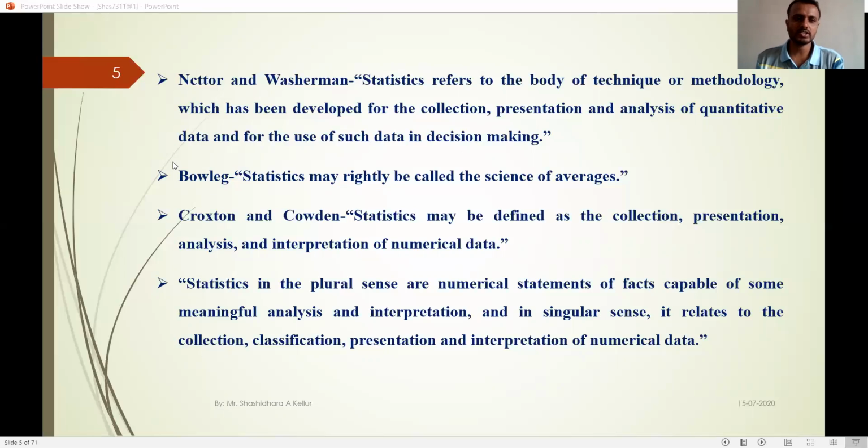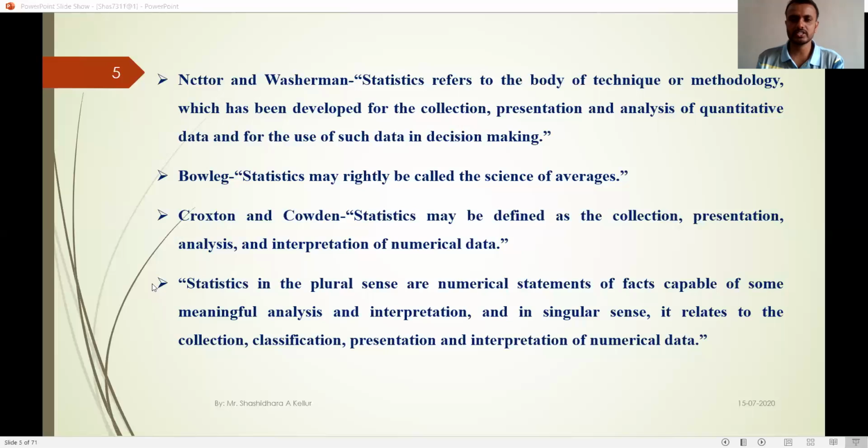Another statistician, Bowley, said statistics may rightly be called the science of averages. One more expert, Croxton and Cowden, said statistics may be defined as the collection, presentation, analysis, and interpretation of numerical data.